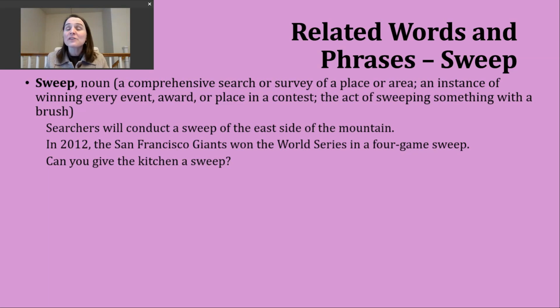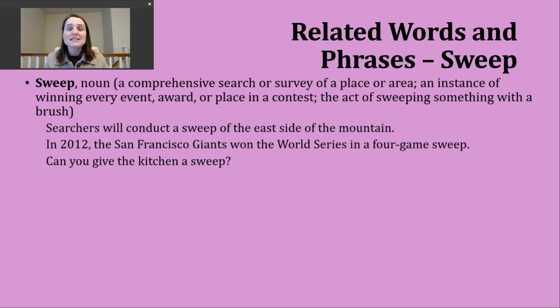A second way you'll hear the noun sweep used relates back to an earlier definition of the verb. So we can use the noun sweep to refer to the instance of winning every event, award, or place in some kind of contest. An example of this: in 2012, the San Francisco Giants won the World Series in a 4-game sweep.